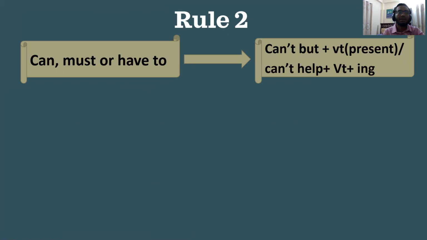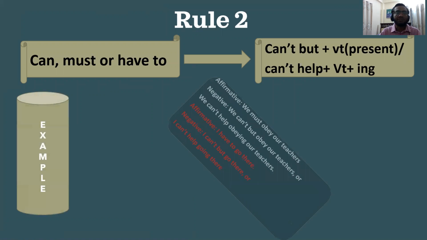Look, can, must, or have to in an affirmative sentence can be replaced by cannot but plus verb in present form, or there is an alternative rule, cannot help plus verb plus ing. These are the two ways you can make a negative from an affirmative. Okay? Write it down please.